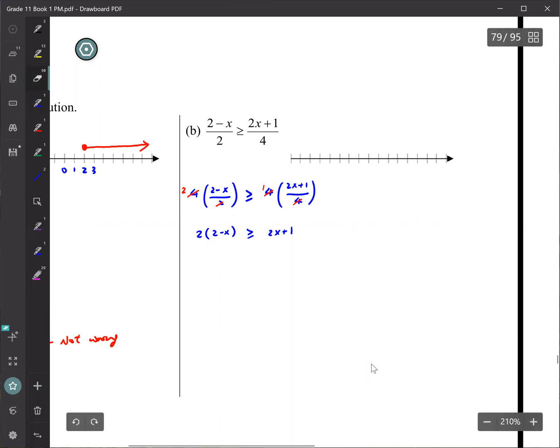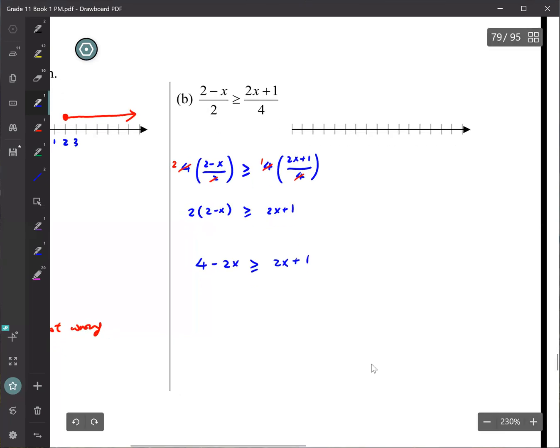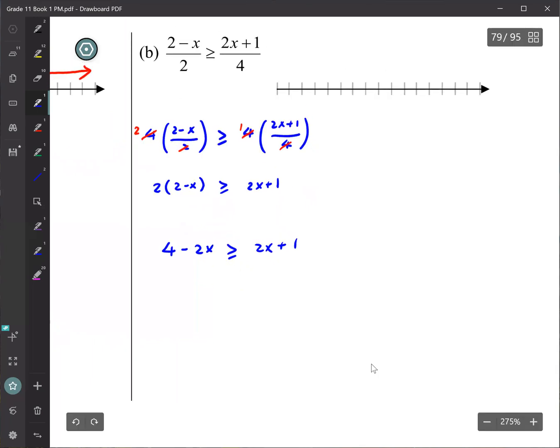Expand the bracket and isolate for x. Okay, Evan, can you tell me what to do after this step? You just move the 2 from the right side over, and then move the 4 over too. Okay, so what do I put?